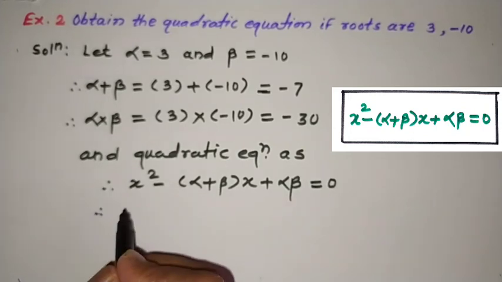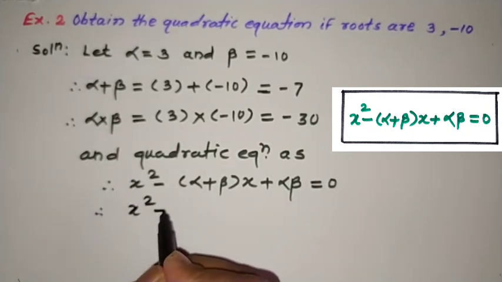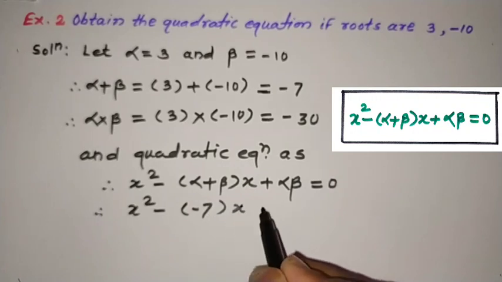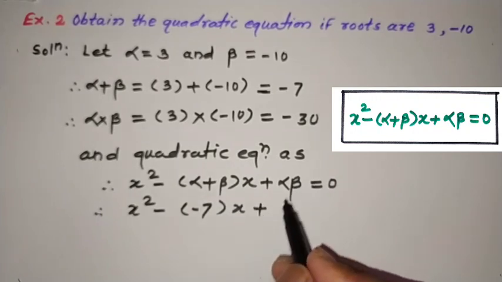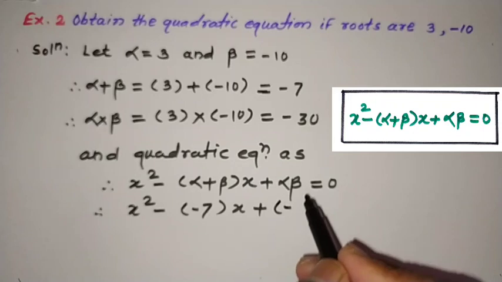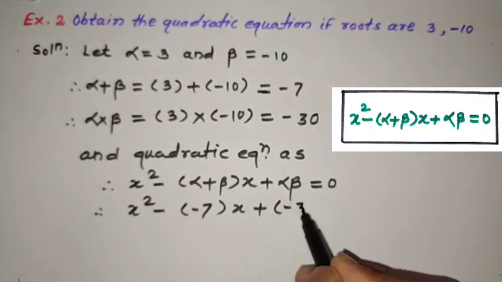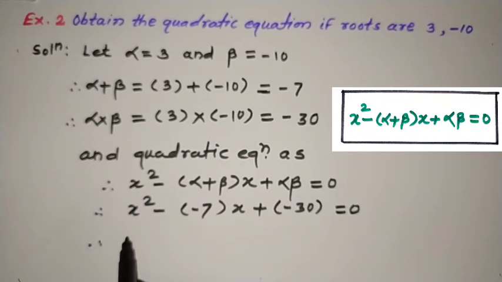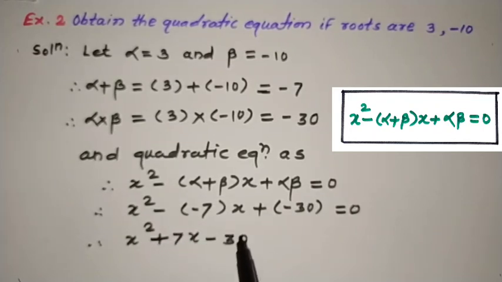Put the values in this equation: x square minus, writing the value in brackets, (-7)x plus the value of alpha into beta, -30, is equal to 0. Therefore, x square plus 7x minus 30 is equal to 0.